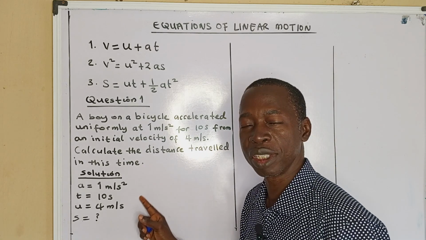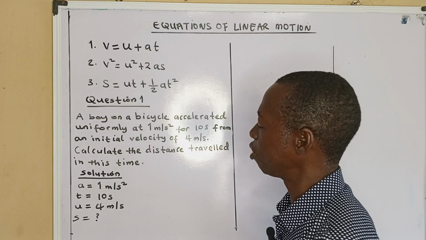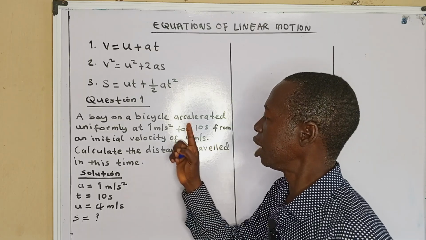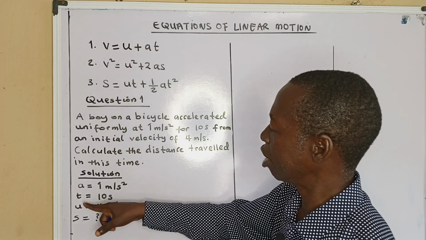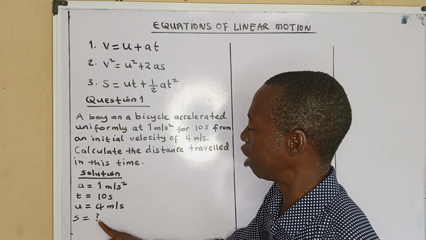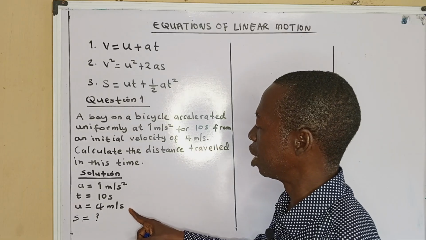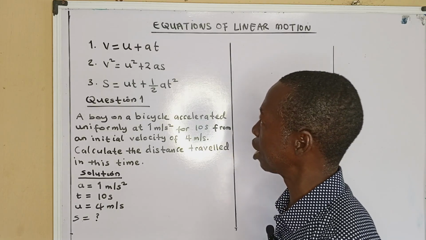Based on the values I've been given, which of them will be most appropriate for me to use in solving for the distance traveled in this question. Now I have my a, my t, my u, and my s.